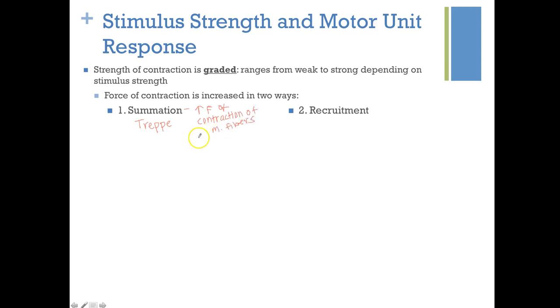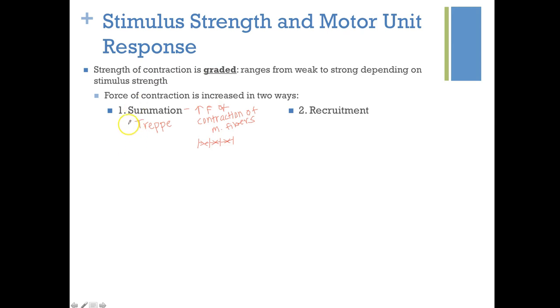What that means is, remember your sarcomeres that repeat over and over again, and how when they contract, they are going to shorten. So we are increasing this force, so they're just going to become even more shortened, okay? And we can increase this when our APs, action potentials, are arriving more frequently.